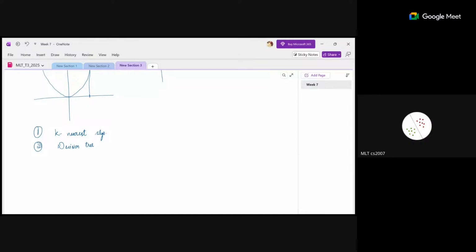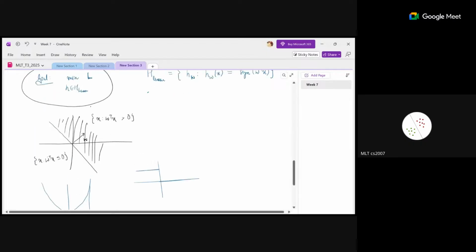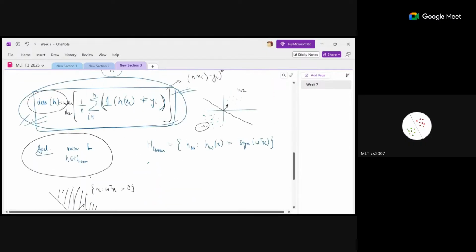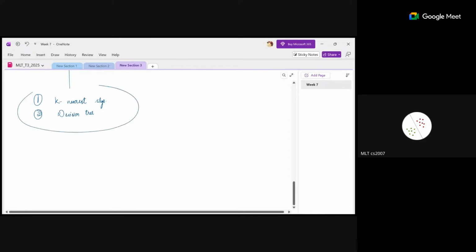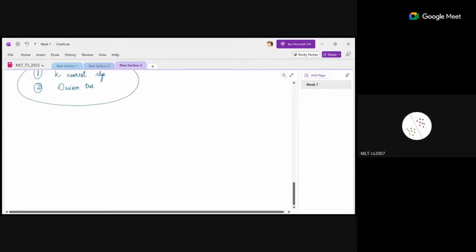We will see in week 11 how all these algorithms that we have come up with for solving the binary classification problem are actually minimizing this loss. But for now, we will stick to what exactly these algorithms are. So in this week, we'll look at the k nearest neighbor algorithm and decision tree. All right. So let's start with k nearest neighbor first.